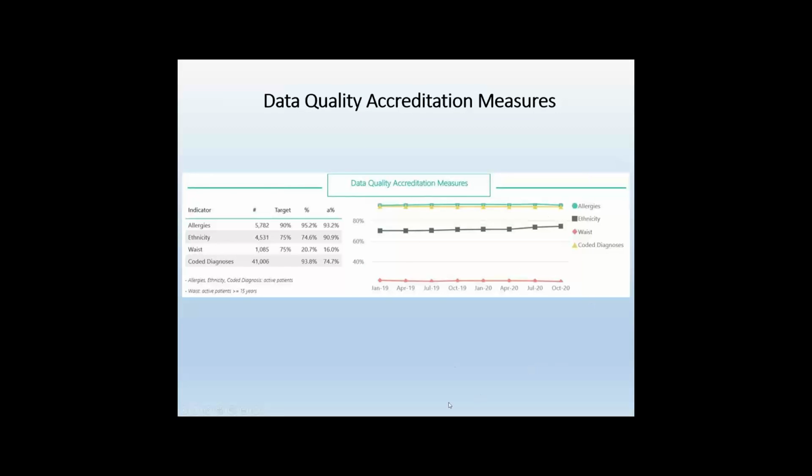The data quality accreditation measures section. So this section shows the different accreditation measures down the left: allergies, ethnicity, waste, coded diagnosis. In the second column we've got the numbers of patients who have those measures present in their record.